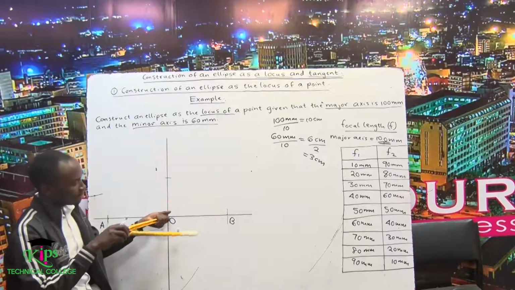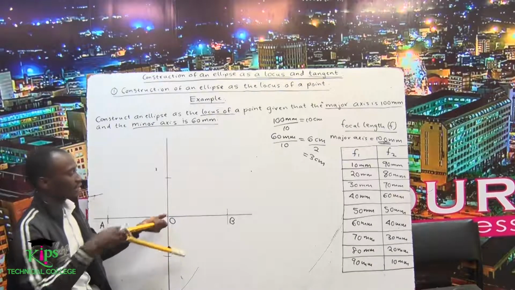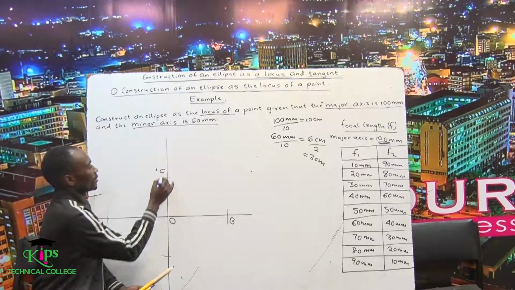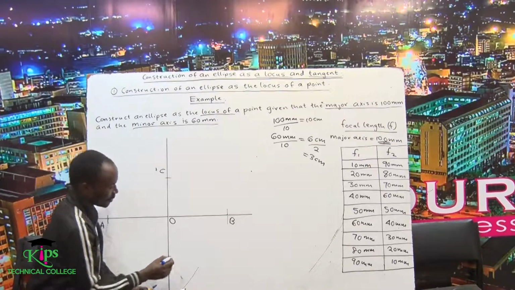Now that is 3 centimeters. 3 centimeters again. So this is A, B, they call this one C, then D.